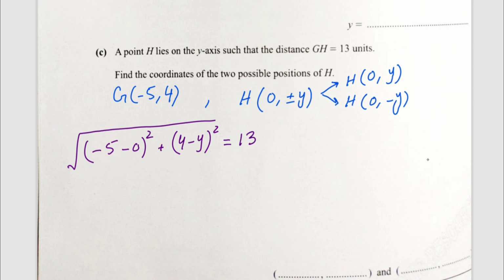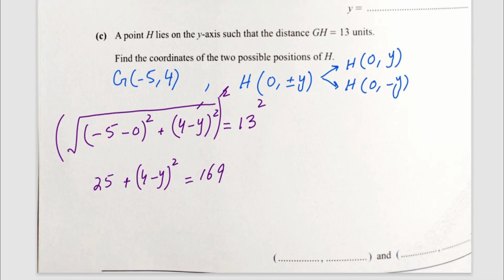So taking square on both sides, square and square root will be cancelled. Minus 5 square is 25, plus 4 minus y whole square is equal to 13 square, which is 169.